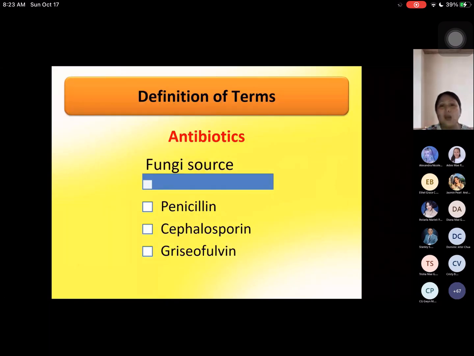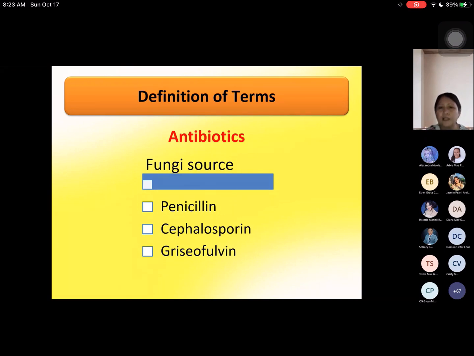Okay, so we have the following examples of antibiotics from fungal sources, or derived from the fungi. We have penicillin, cephalosporin, and griseofulvin.